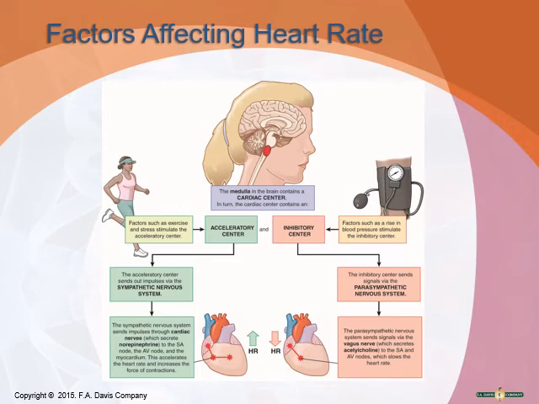This is all part of your autonomic nervous system, basically the nervous system that works without you knowing it. Things like exercise and stress stimulate the sympathetic division, which increases your heart rate. Things like sleep stimulate your parasympathetic division and lower your heart rate.